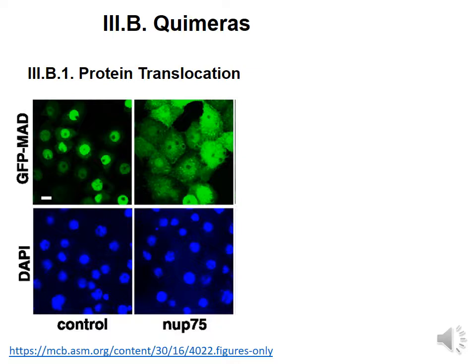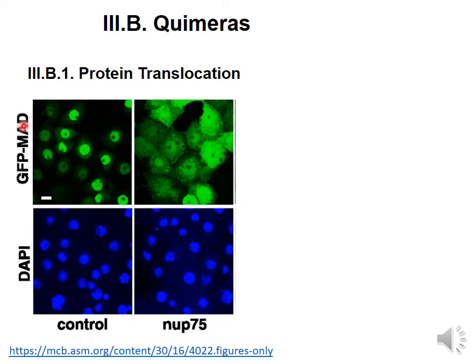In this paper, the authors created a chimera between a GFP protein and a SMAD4 protein, abbreviated as SMAD, which is a transcription factor responsible for the signal transduction of the transforming growth factor beta, or TGF-beta.